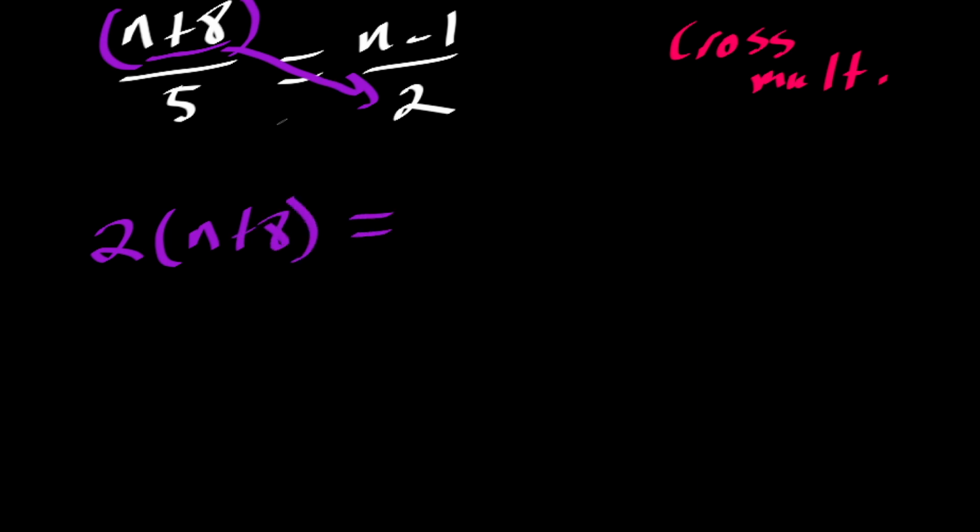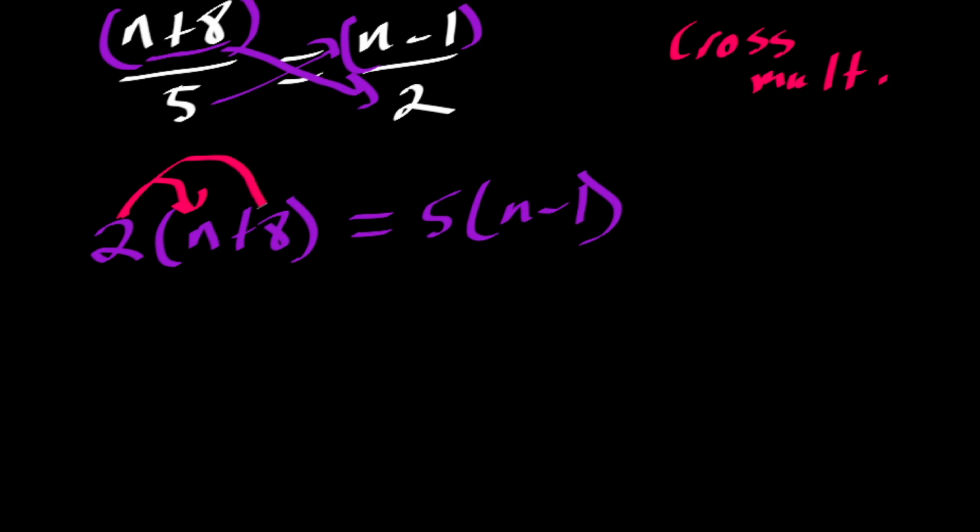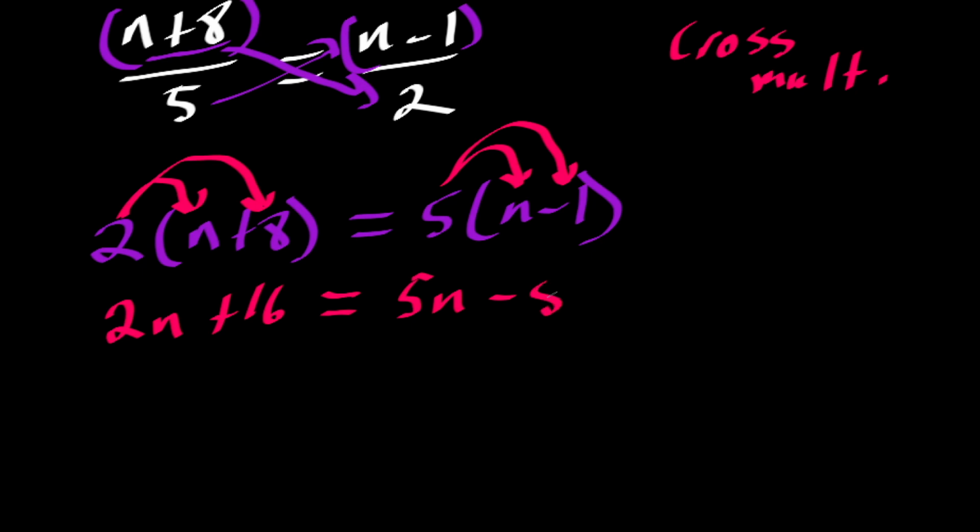Bring down my equal sign, and then I can say 5 times n minus 1, and I can put that in parentheses. So now you can see it's the same concept or process. We're just going to have to distribute twice here, which is totally fine. If you can distribute once, you can distribute twice. So this would give us 2n plus 16 equals 5n minus 5.